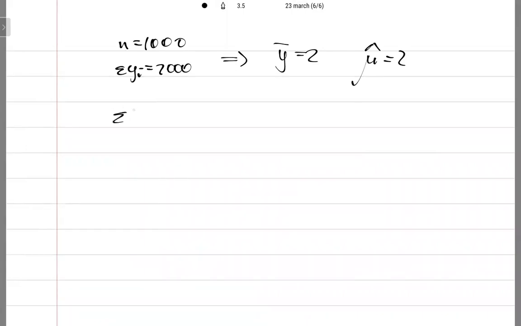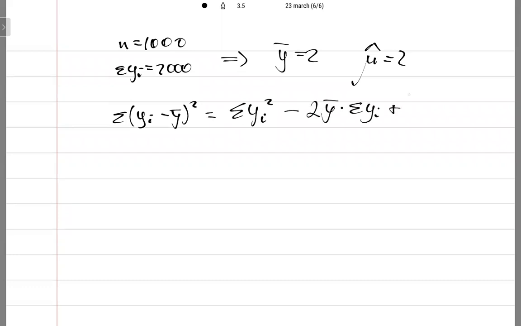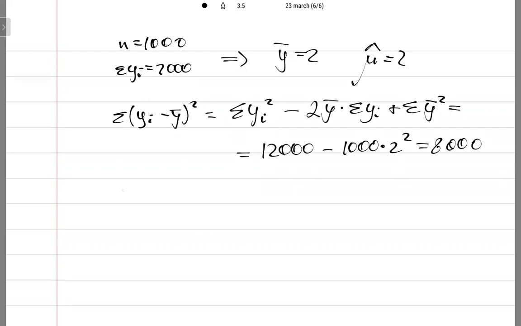We can say that sum of y minus y bar squared, when we open the brackets, will be sum of y squared minus 2 y bar sum of y plus sum of y bar squared, and it will be 12,000 minus 1000 times 2 squared, which is 8,000. And basically, the estimator of sigma squared, sum of y minus y bar squared divided by n, will be just 8.